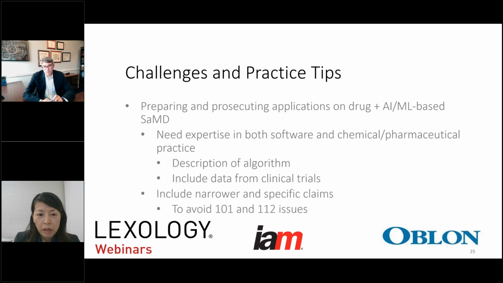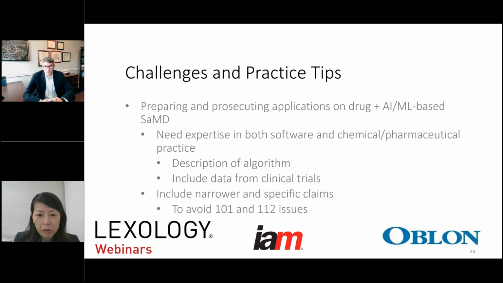So James would be able to support you on the more software aspect. So you can advise on what kind of descriptions you would need for the algorithm, how it works, what kind of software, hardware needs to be there.